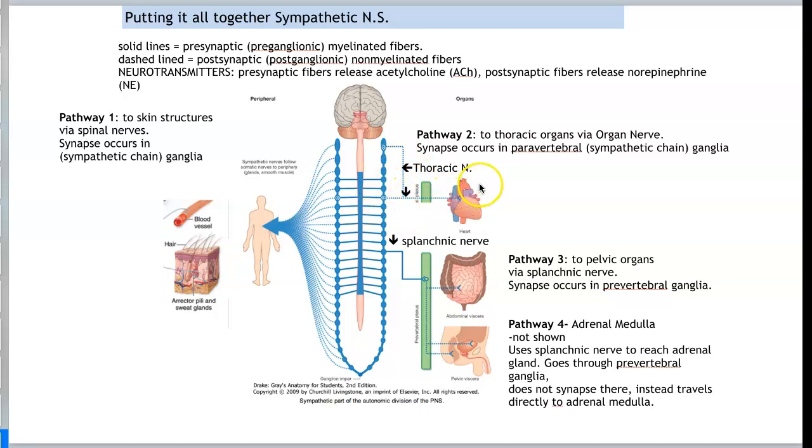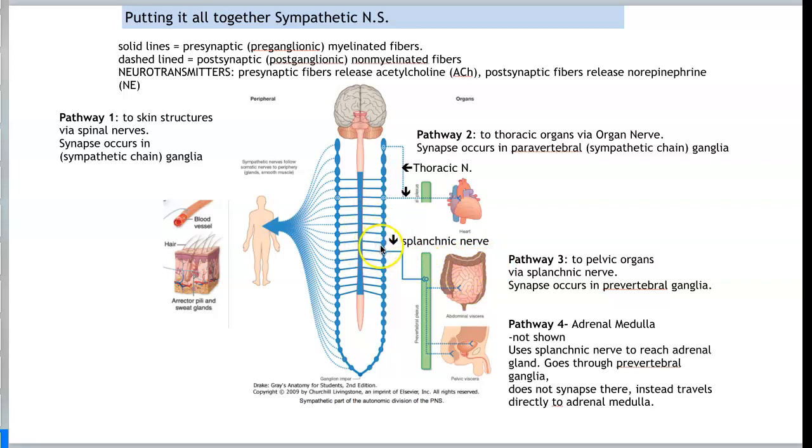If you're going to thoracic organs, again, you're going to get on the sympathetic chain. You are going to synapse, but you are going to leave the sympathetic chain through these thoracic nerves. This postganglionic fiber will then synapse in the lungs or heart. If you are going to an abdominal organ, you are going to get on the sympathetic chain.